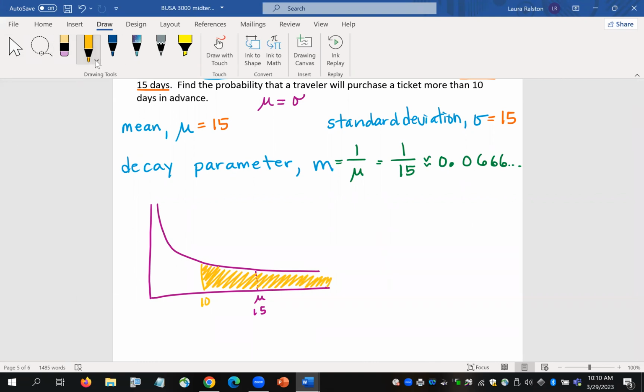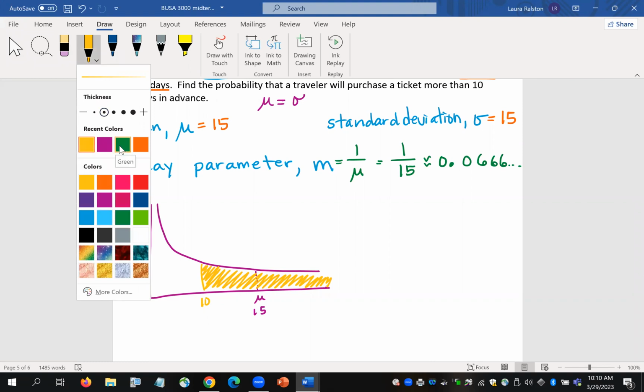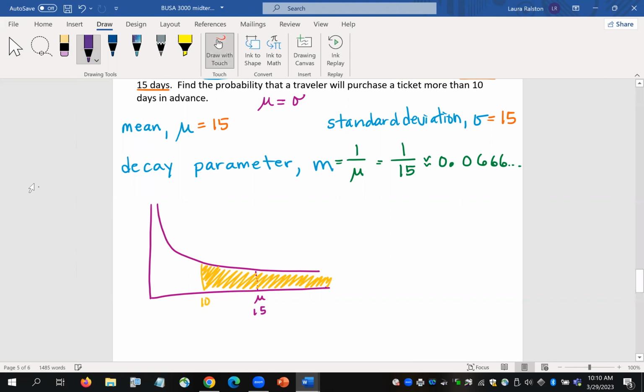Okay, notice that more than is to the right. Okay, so this is going to be the area to the right. And so our formula changes.